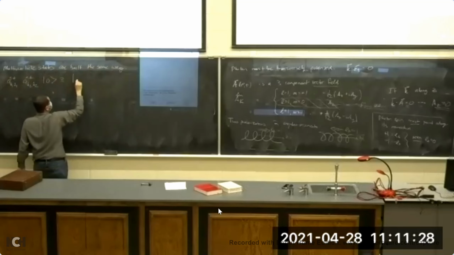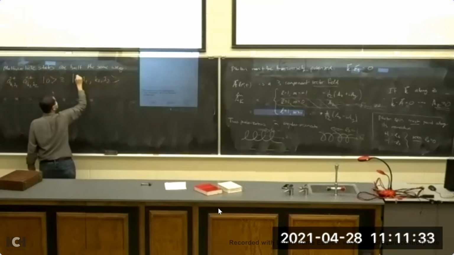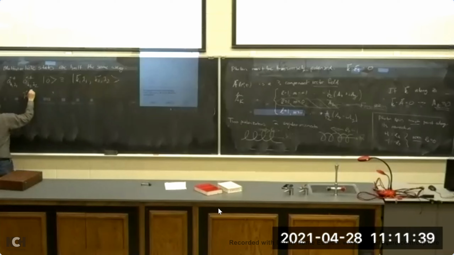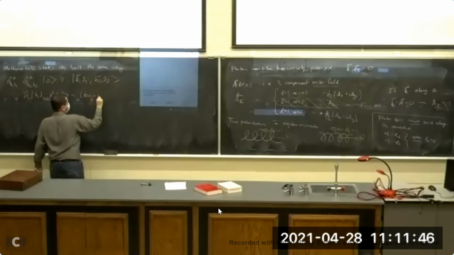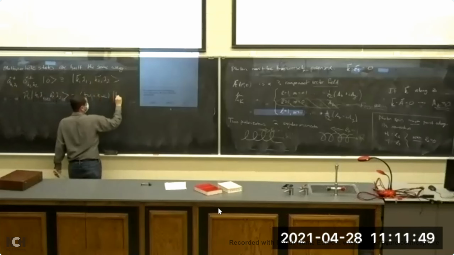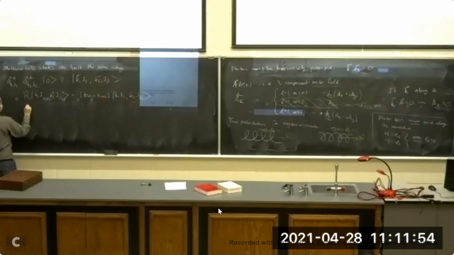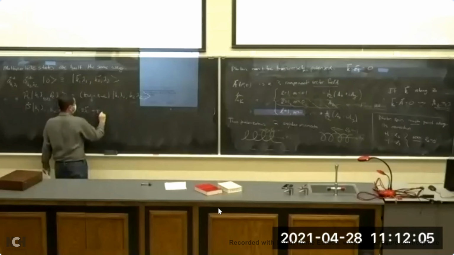Let's call that state the two-photon state K1 lambda 1 K2 lambda 2. This now is an eigenstate of the Hamiltonian, whose energy is h bar omega 1 plus h bar omega 2. And it is an eigenstate of the total momentum operator, with momentum h bar K1 plus h bar K2.